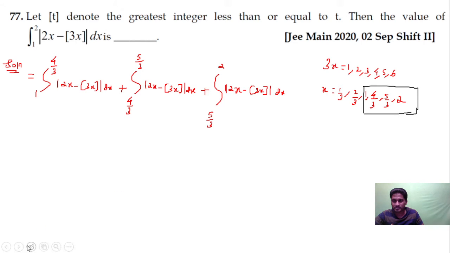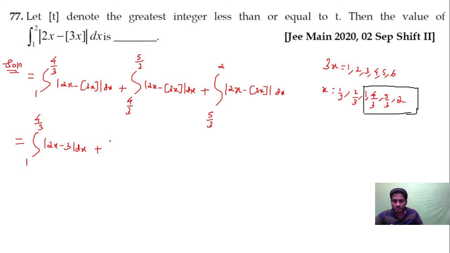Now let us check what the box value is. This is equal to the integral from 1 to 4 by 3 of modulus of 2x minus, between 1 and 4 by 3, if I substitute the lower limit, box of 3 is 3 only.